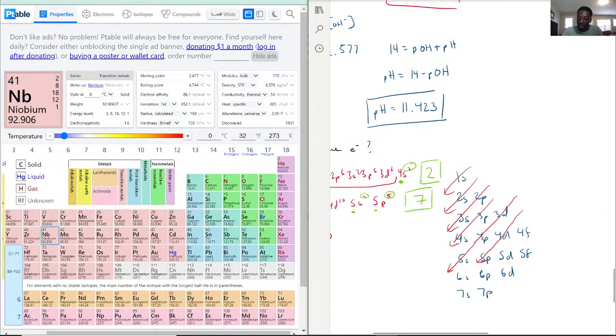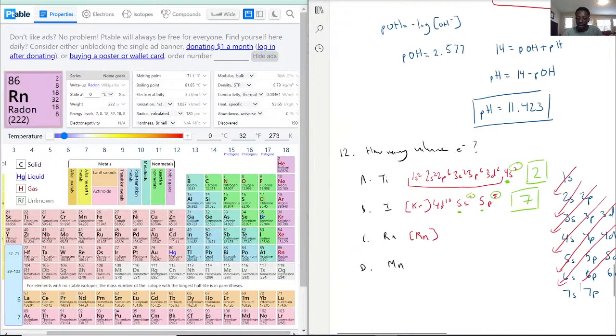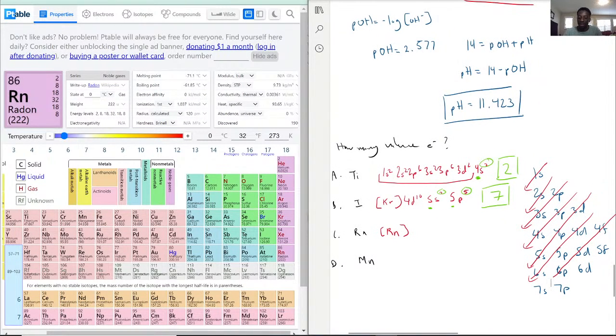And what we've effectively done, kind of like with the iodine, is said, we're done with this, we're done with that, and we're all the way over here. That's what that shorthand just meant right there, that we finished all the way to 6p.